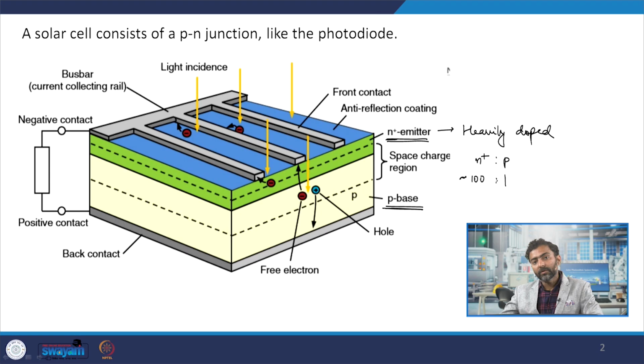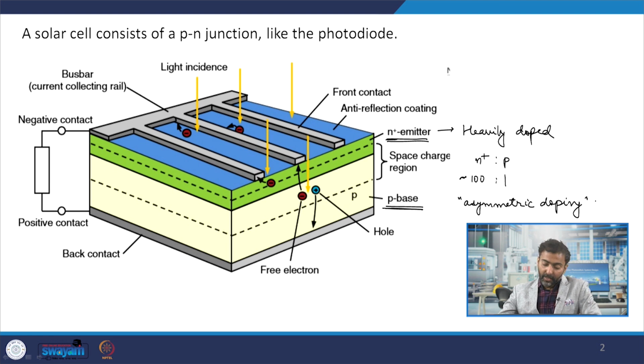So that means on your n side the concentration of the dopant is almost 100 times that of the concentration of the dopant on the p side. So there is this concept, we call this the asymmetric doping. The p-n junction for solar cells usually comes with asymmetric doping, higher doping on one side and lower doping on the other side.